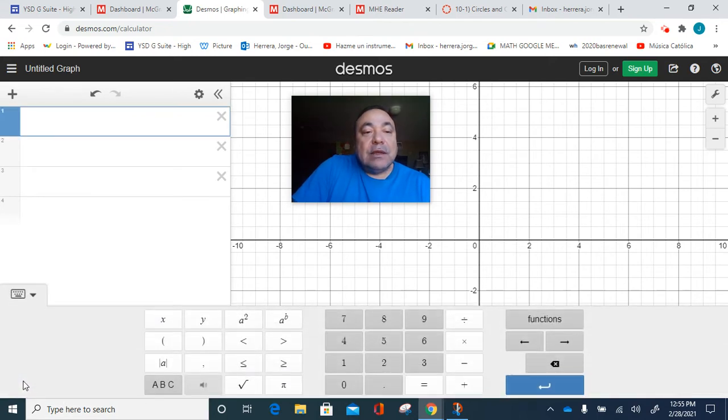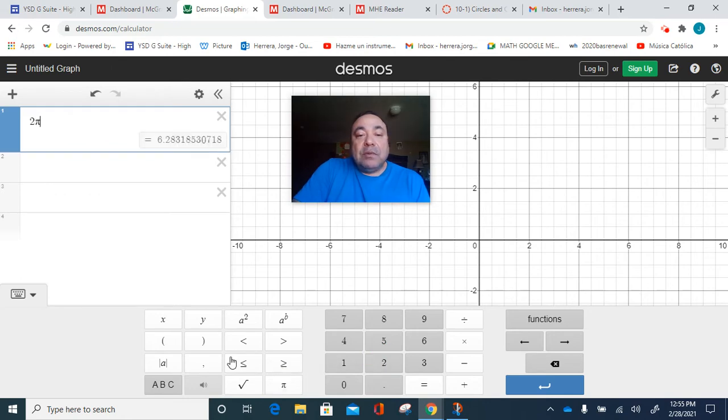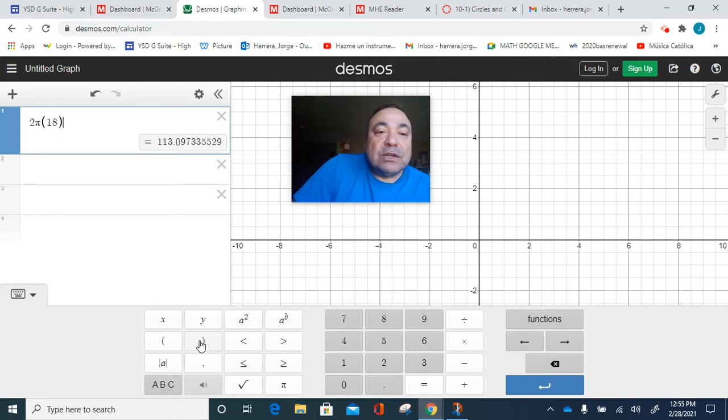There it is, right there, and right here, can you see the pi? So I'm going to type 2 pi, open parentheses, and put 18. That's what you need to do to find the circumference. Of course, they want you to round to the nearest tenth, so it will be 113.1. So it will be 113 meters all the way around, guys.